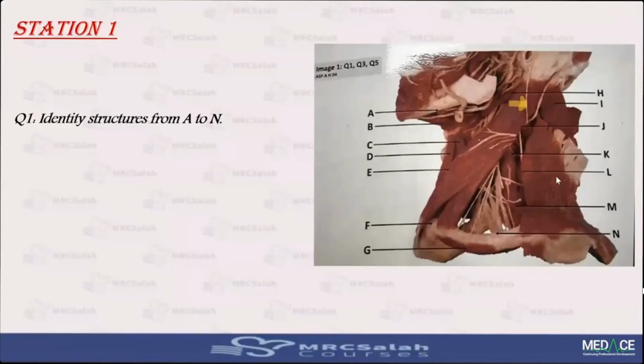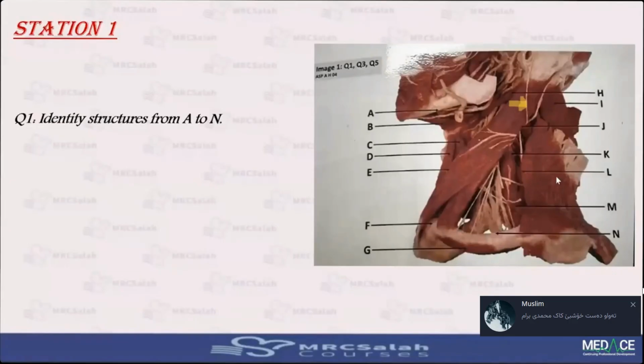So the A is the marginal mandibular, not the lingual. The G are the fibers of the pectoralis major. H is the posterior belly of digastric, as you mentioned. I, this splenius capitis. K, the scalenus medius. L are the fibers of the trapezius. M, the omohyoid, inferior belly of the omohyoid.